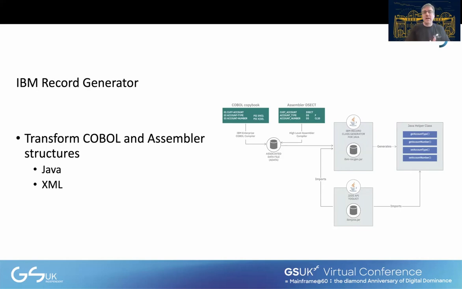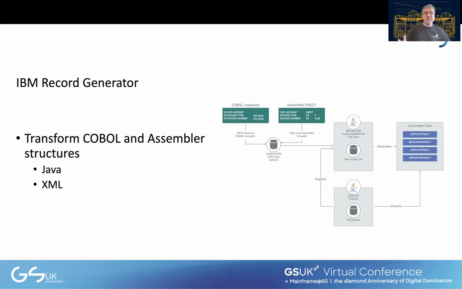So to help with that, there are ways of working and tools that will generate you Java classes and other structures based on the actual COBOL code or the assembler code that you're working with. And one of these is the IBM record generator, which is available, I think, free.